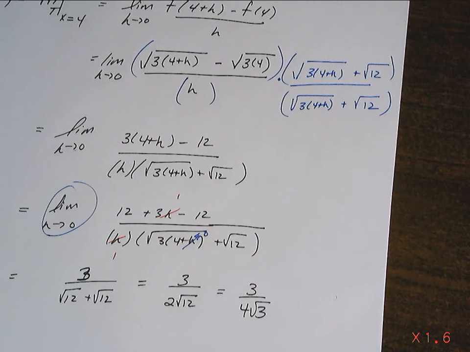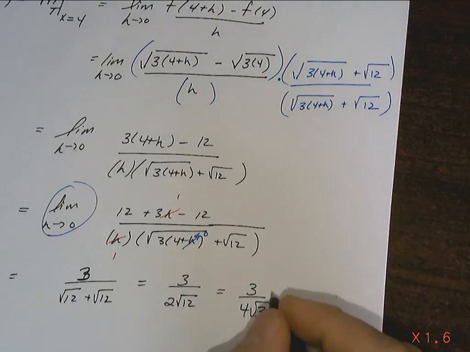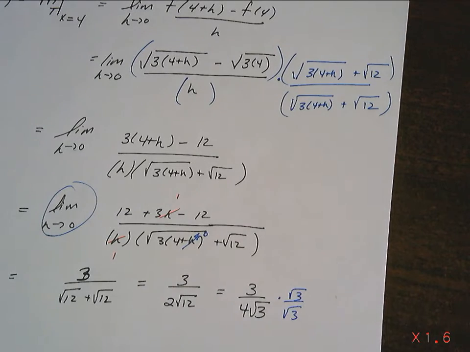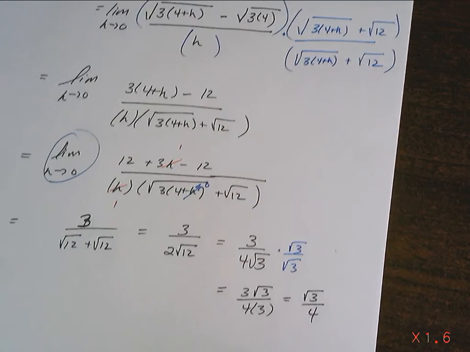Now, I really don't care if you rationalize denominators or not, but the back of the book will. So this is actually going to be an answer of 3 root 3 over 4 times 3, which is root 3 over 4. And that is your answer.